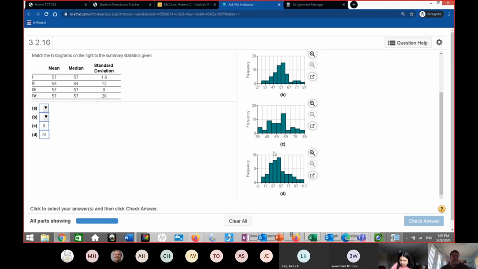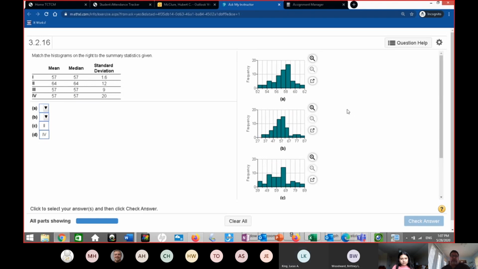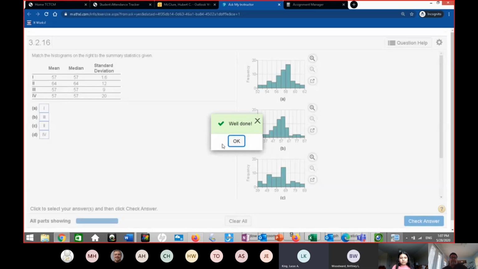So we've got C taken care of, and all you got to do now is just figure out A and B. Well, 57 plus 1 is what? 58. So that's probably going to be that number 1 right there. So A is going to be 1, and that leaves what? 3? Yes, sir. That's it.